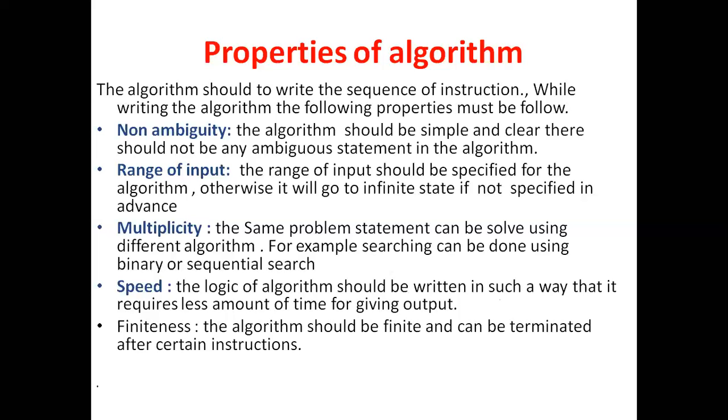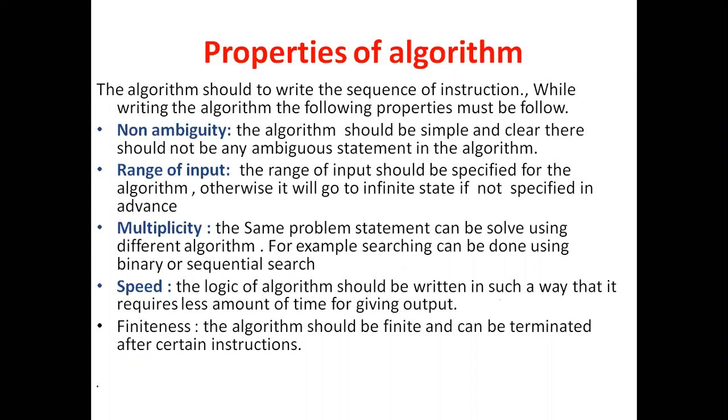We can convert that step-by-step algorithm into the multiplication algorithm. So write an algorithm in such a way that it can be reused to develop a new algorithm. That is called multiplicity. For example, searching is the main function; under that we have binary search and sequential search, derived from it. So this is called your multiplicity feature.